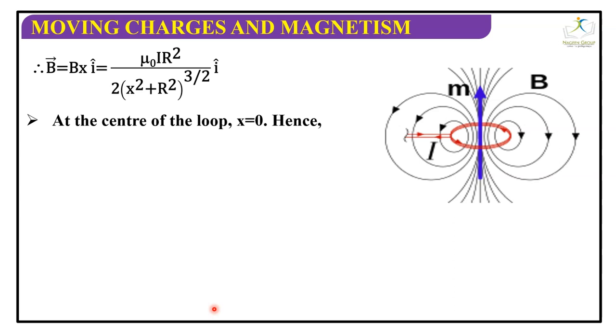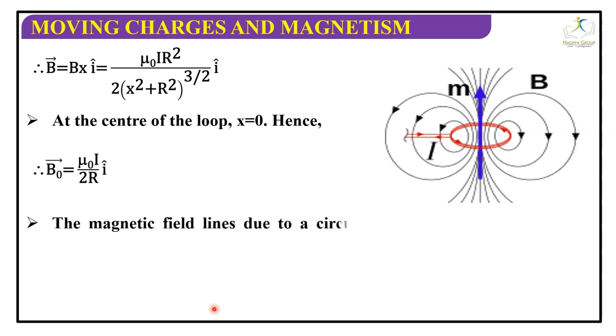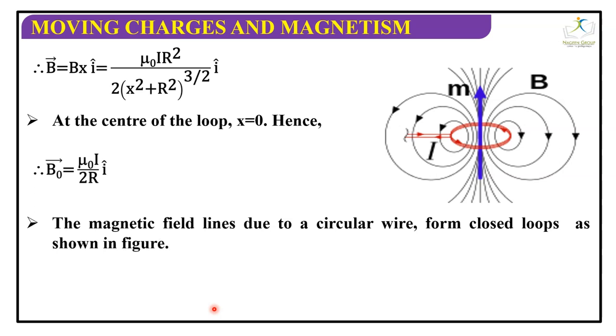At the center of the loop, the value of x will be 0. That means point P lies exactly at the center. So the value of B naught will be mu naught by 2R times I, which we can write as vector B naught is equal to mu naught by 2R times I, i cap, or mu naught by 2 times I by R, i cap.